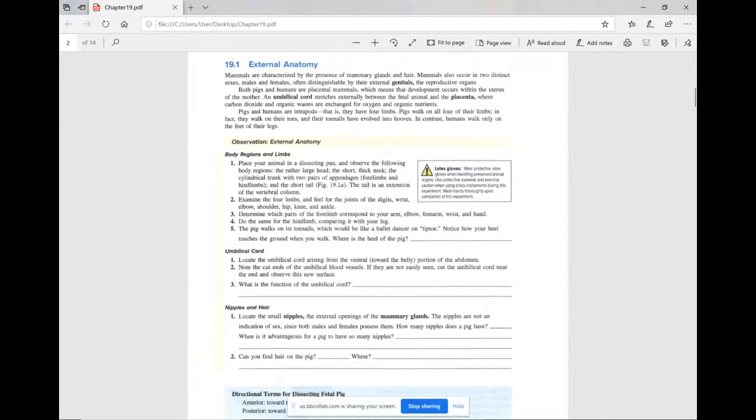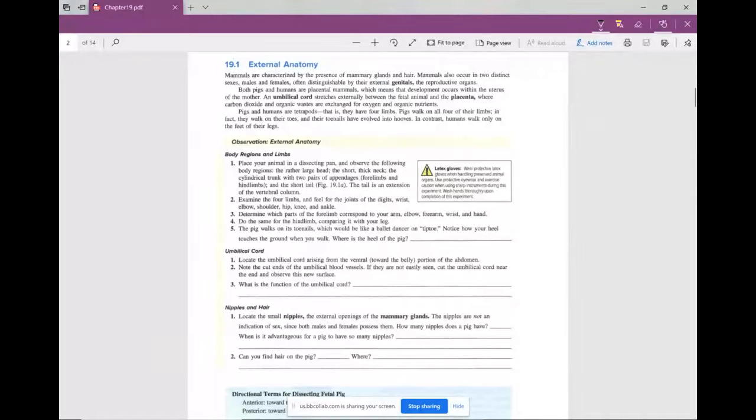The first question they ask you is, well, the book tells you, look for the genitals, look for the umbilical cord, and of course you won't be able to see the placenta. It doesn't come with a placenta, but the umbilical cord connects to the placenta. That's how I started this.